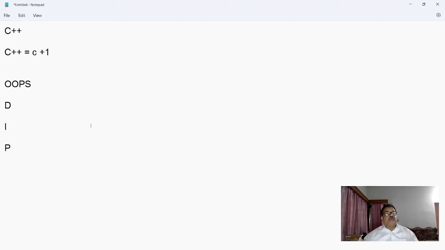Again, I am telling you that these three attributes must be a part of any object oriented programming system, otherwise we cannot consider that the environment is object oriented.